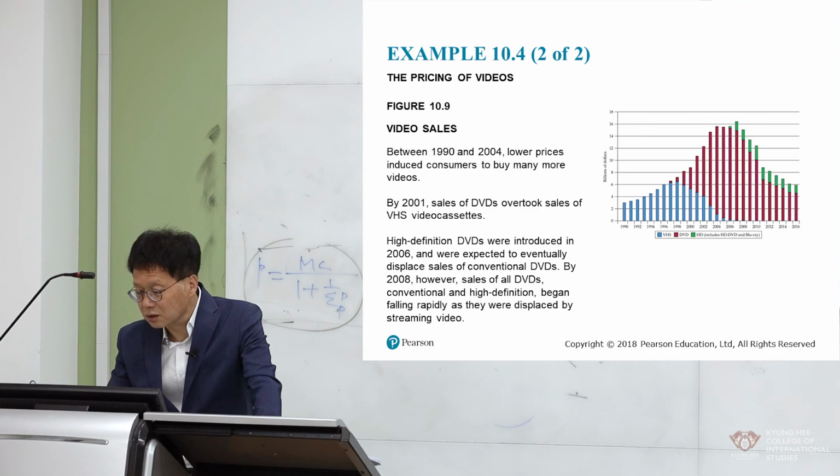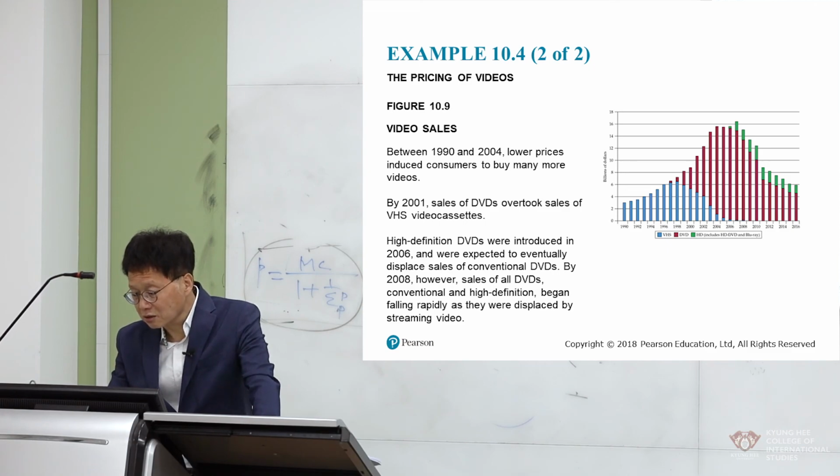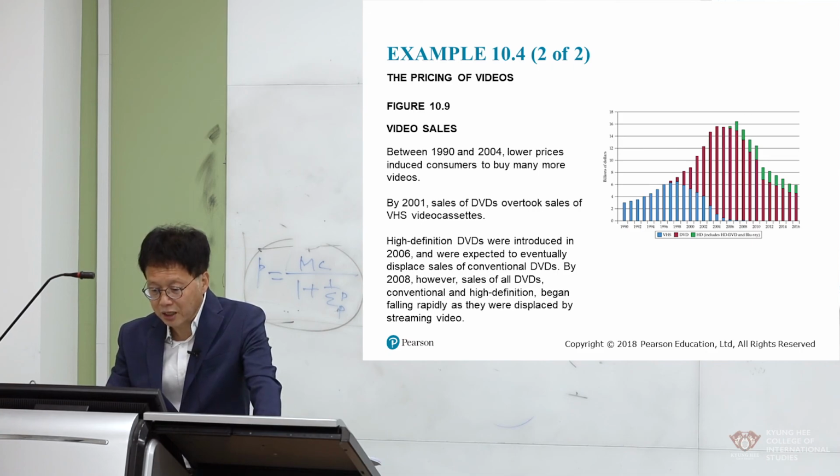The black one is DVD. So this one increased greatly, right? And VHS's share decreased, sales decreased. But DVD sales increased and overtook, right? And the third type is this one. High definition DVDs were also introduced in 2006.